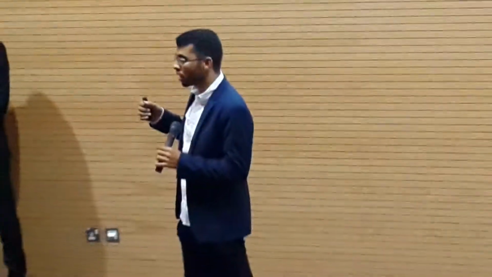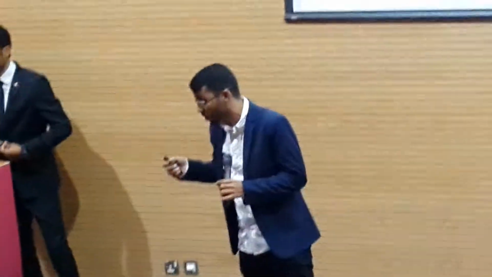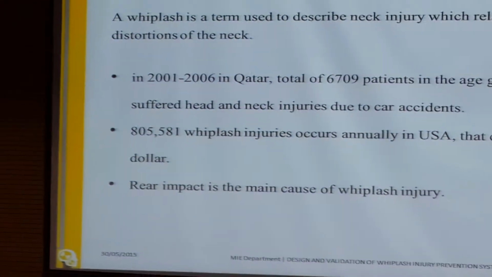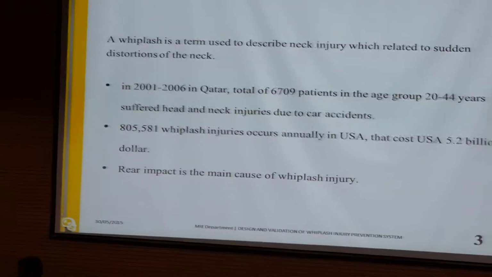And with the growth of the population here in Qatar, we can imagine how big this number is right now. In large countries such as the United States, there were 800,000 whiplash injuries in 2014, and this cost the government around $5.2 billion. Researchers found that the main reason for whiplash injury is rear impact. So we are dealing with a big problem.